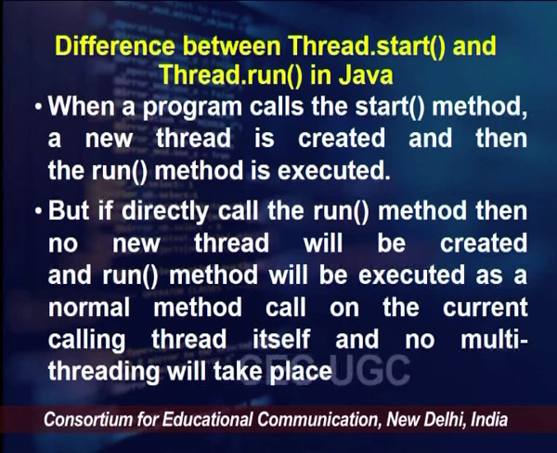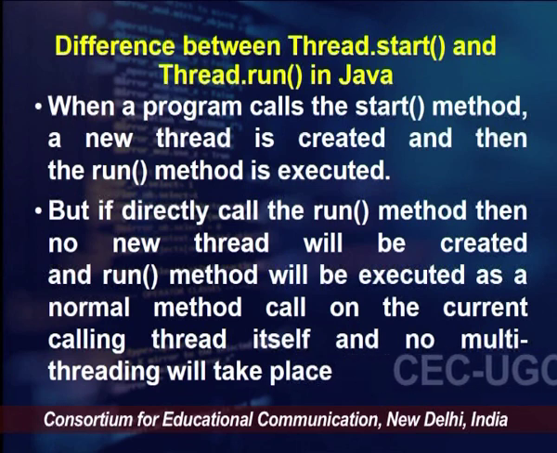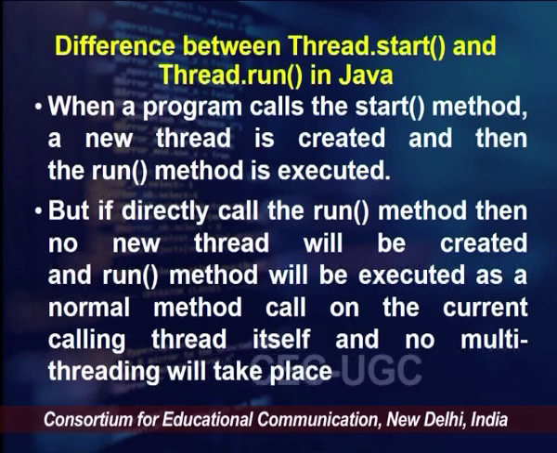But if we directly call the run method without start, then no new thread is created. Now, if no new thread is created, on which thread will the run method execute? The run method can execute on the main thread, which is created automatically.